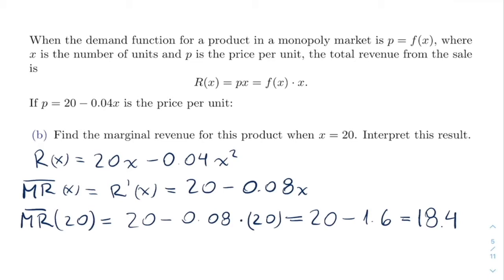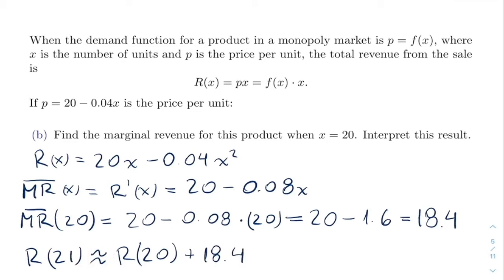So the interpretation for this is that the revenue when I sell 21 units will be approximately the revenue when I sell 20 plus 18.4. Of course, this is not exact.